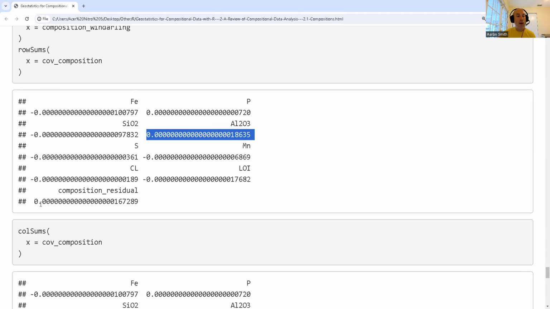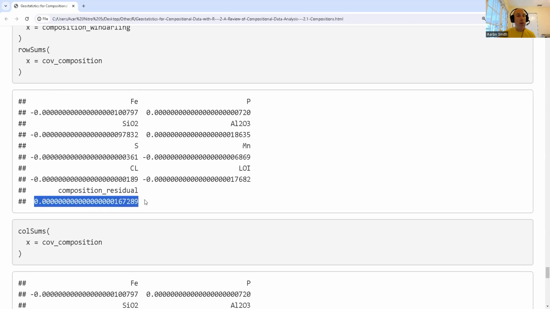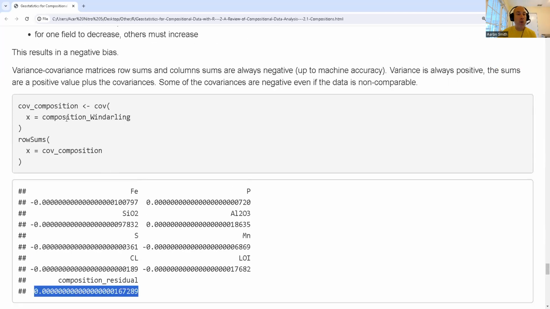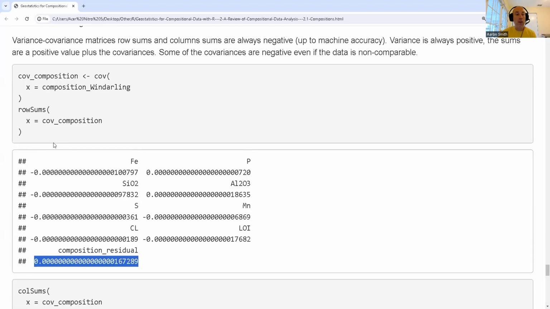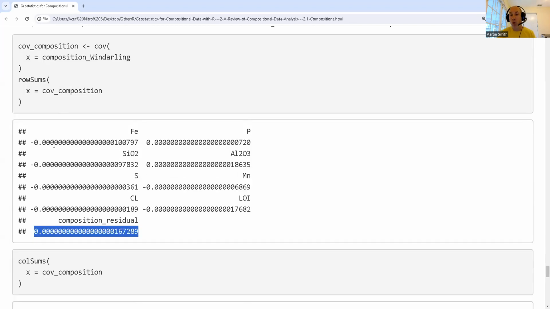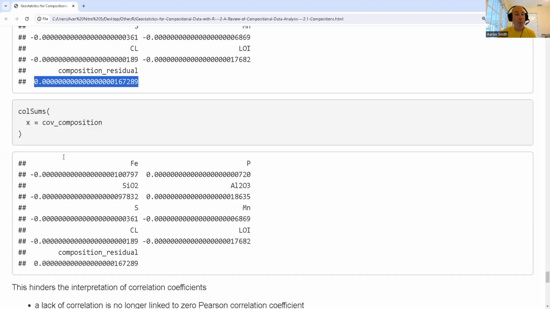The positive values are very small in the sums of the variance-covariances, and really, this is within machine accuracy. And if I remove the variance, like if I got rid of the zeros on the diagonal and then did these sums, we would see stronger negative values.